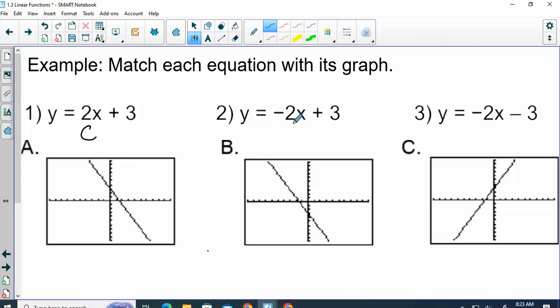Yep, decreasing line, but the y-intercept is still positive. Third one, negative 2x minus 3, so that would be B. Decreasing line, it's also opposite. Y-intercept is negative. Alright.